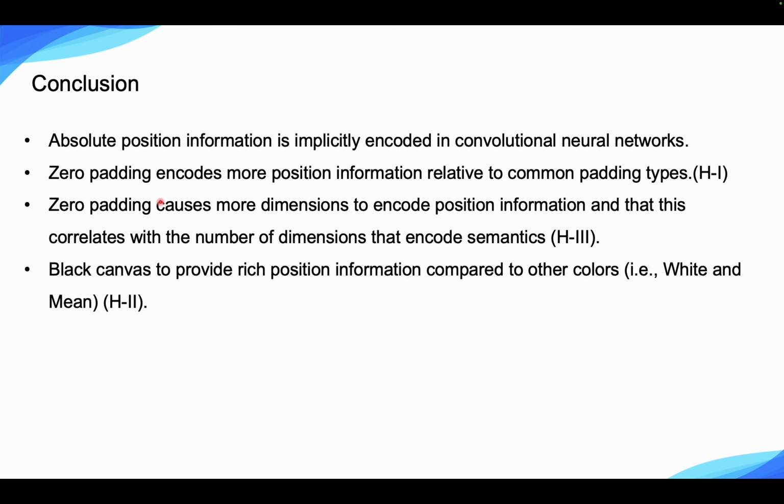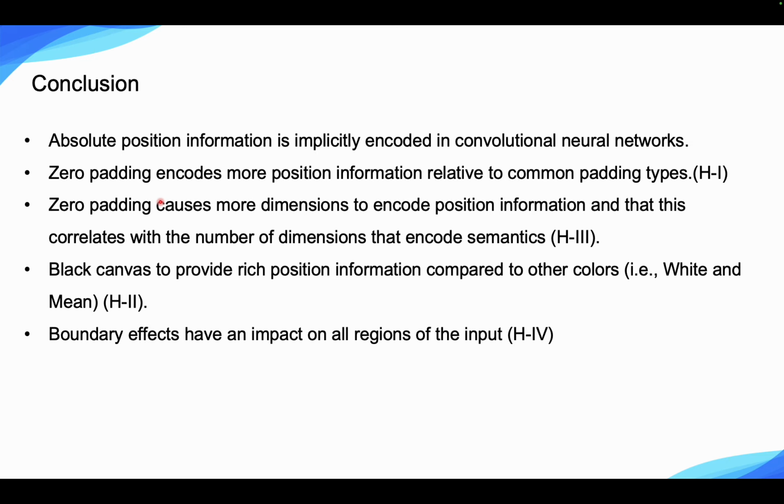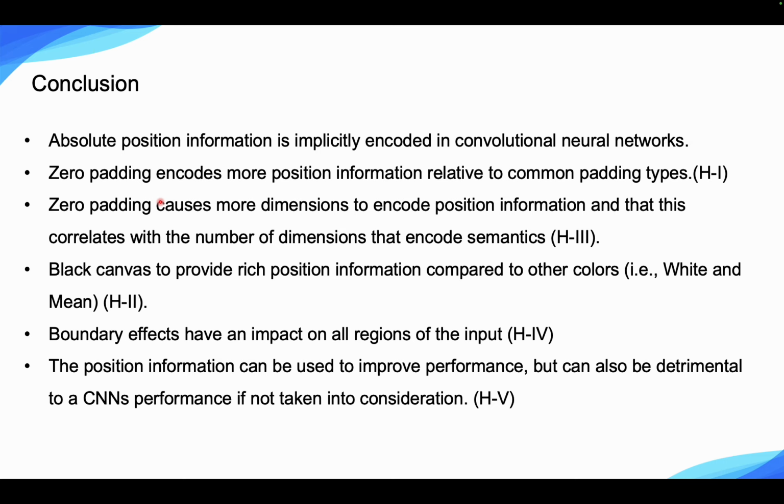Fourth, a black canvas provides rich position information compared to other colors. Fifth, boundary effects have an impact on all regions of the input. And last, the position information can be used to improve performance, but can also be detrimental to CNN performance if not taken into consideration.